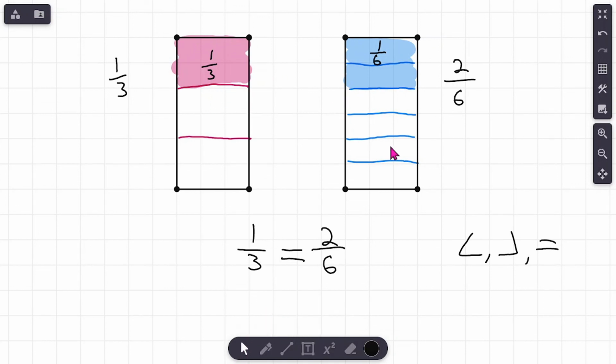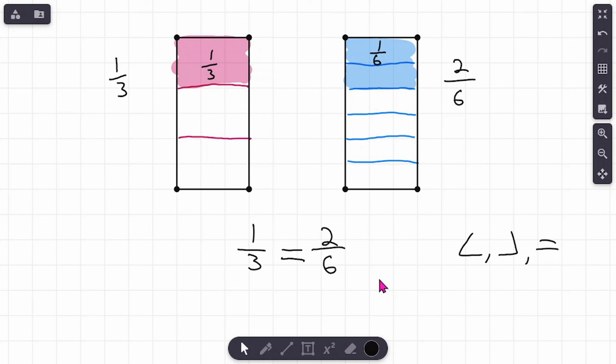Our fraction model here proves that to us, which is really, really cool, because in our videos coming up really soon, we're going to be talking about how to create equivalent fractions, or excuse me, how to compare fractions by doing some multiplication, and I'm really excited about that.